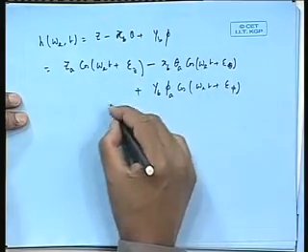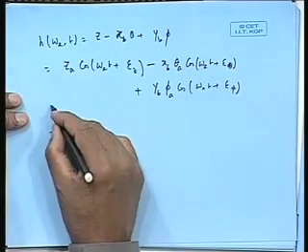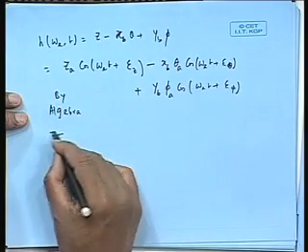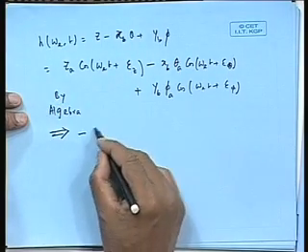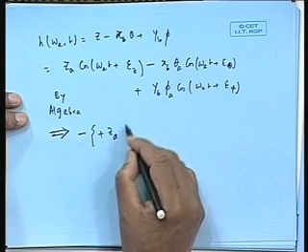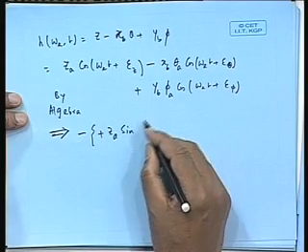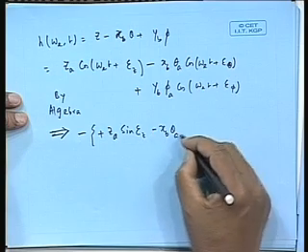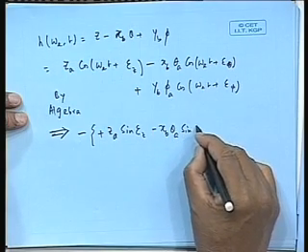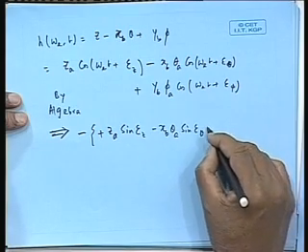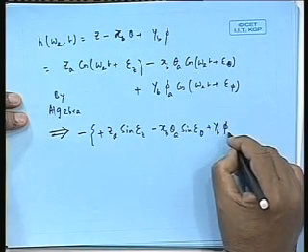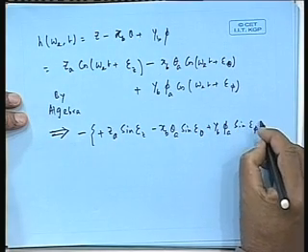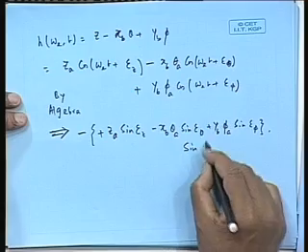If you do the algebraic manipulation, this will turn out to be equal to minus za sine of epsilon z minus xb theta a sine of epsilon theta plus yb phi a sine of epsilon phi, into sine omega e t.